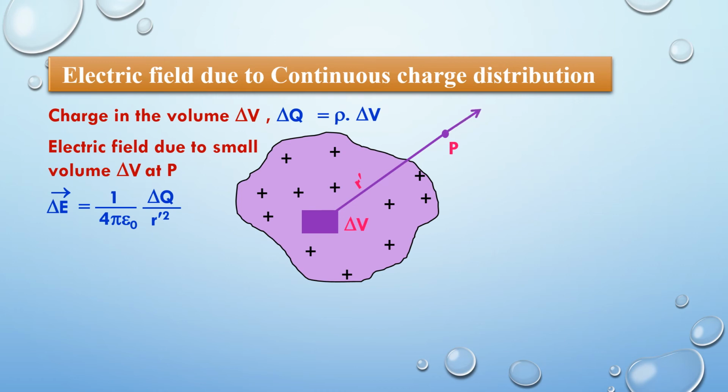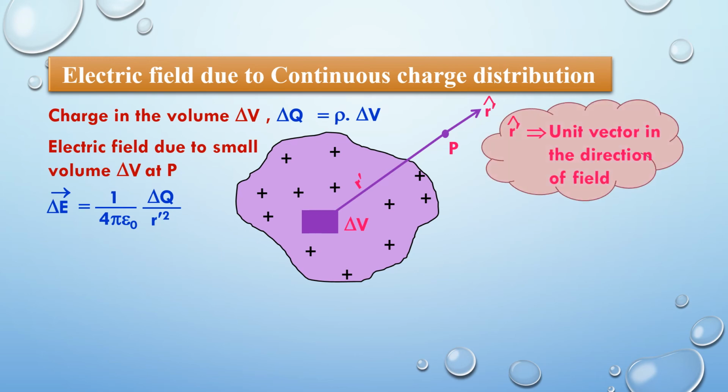Now, since the electric field is along the direction of r, or we can say that electric field is pointing outwards, I'll have a unit vector r cap in the direction of electric field. This delta Q can now be replaced by rho into delta V, hence I get delta E is equal to 1 upon 4 pi epsilon naught rho into delta V upon r dash square into r dash cap.